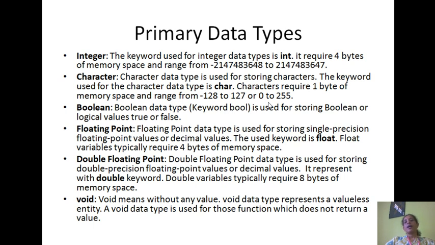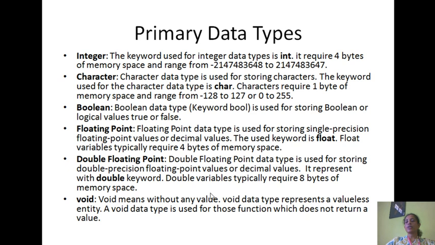Next is the boolean data type. It also comes under the primary data types of the C++ programming language, and the keyword used is bool. It is used to store a boolean or logical value, that is, a true or false value in a variable.